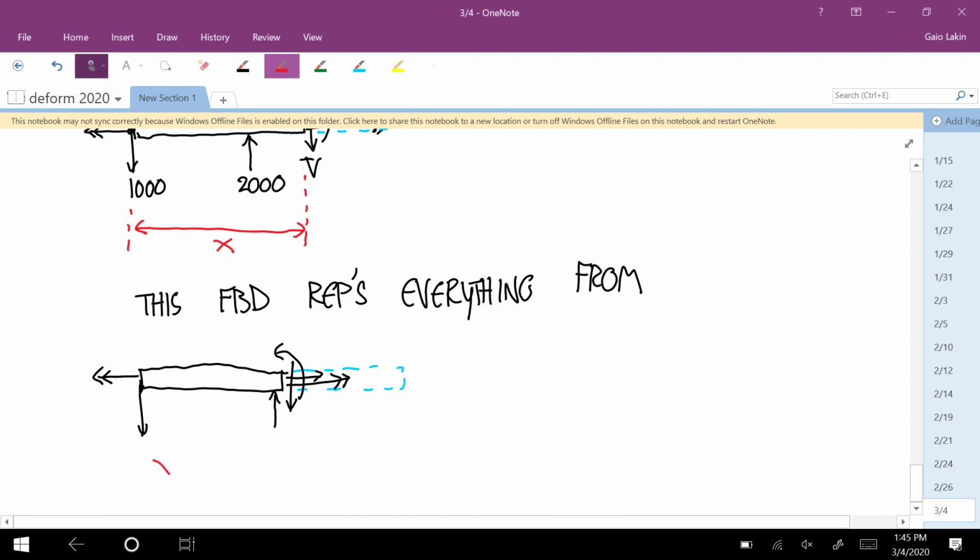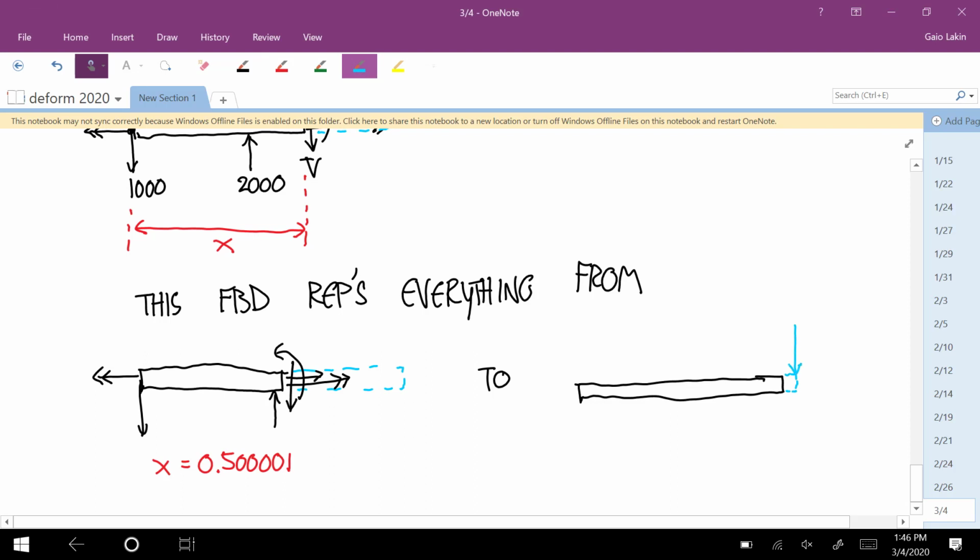And for this one, X is equal to 0.50001, something like that, to one that covers almost the whole length, where we're only excluding just a tiny little sliver, but it's the tiny little sliver that has these external loads on it.